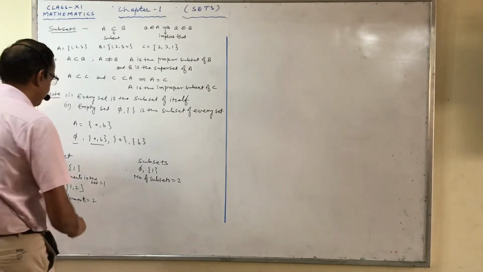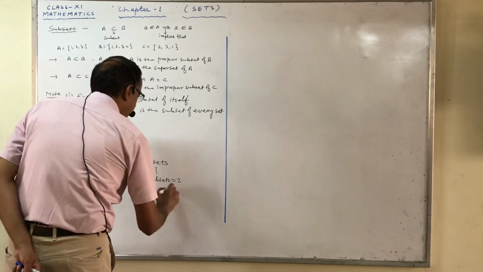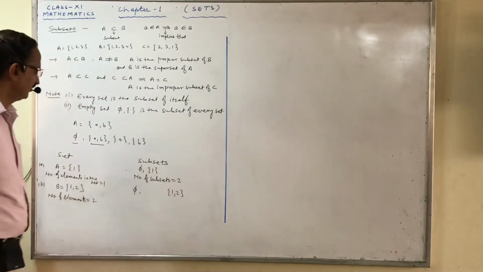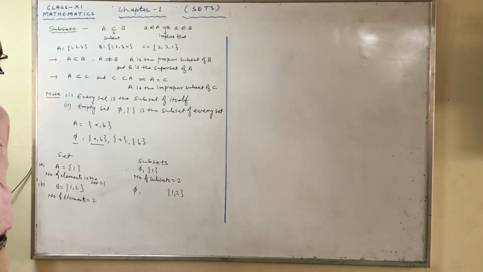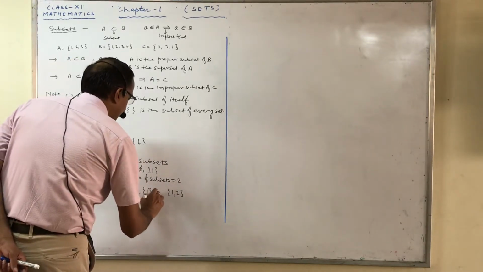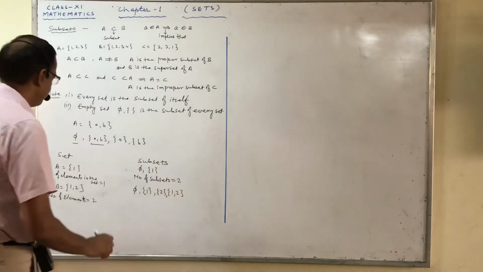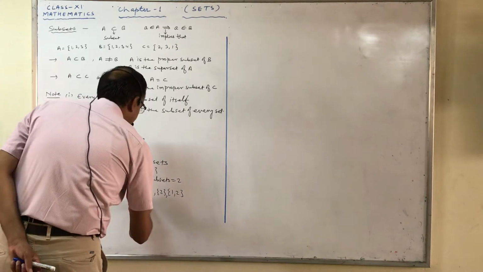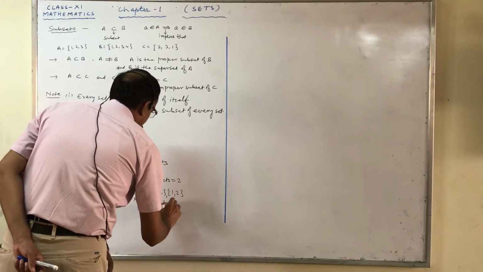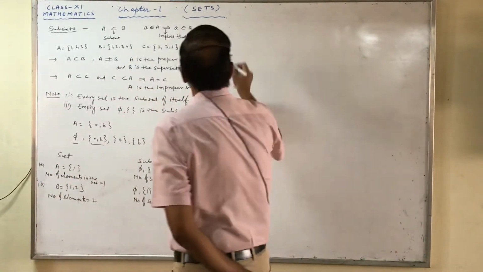Now number of subsets: first is phi, then last is the set itself. Now we can take single elements, then we will write {1} and {2}. So it has 4 subsets. The number of subsets is equal to 4.